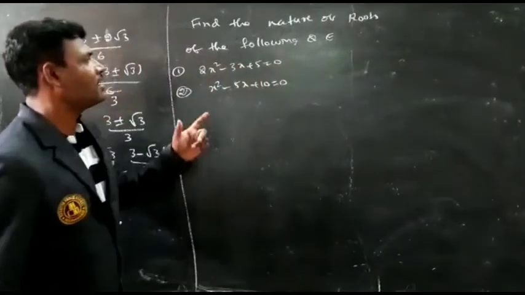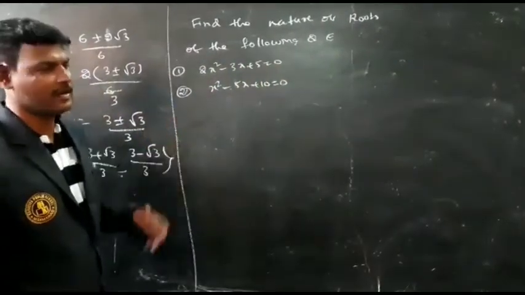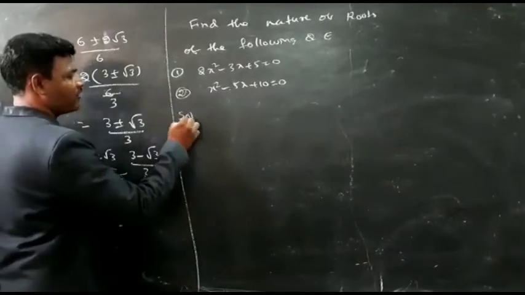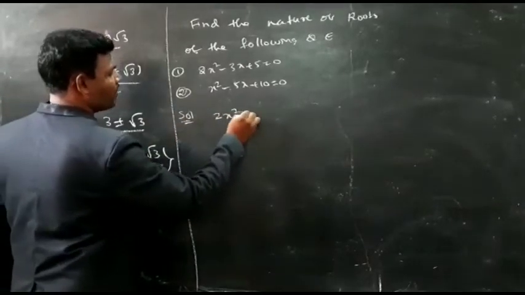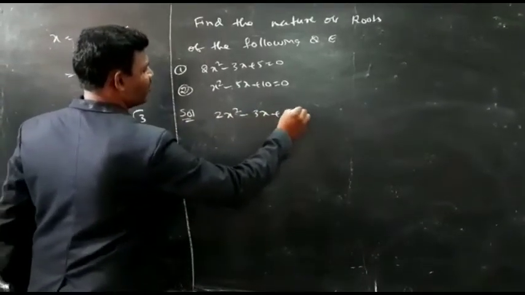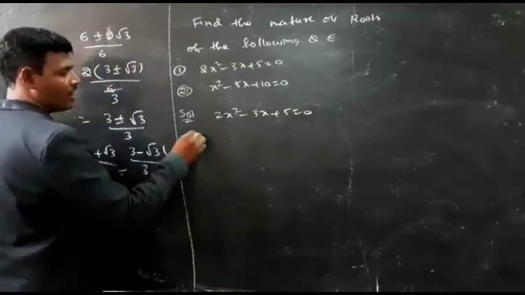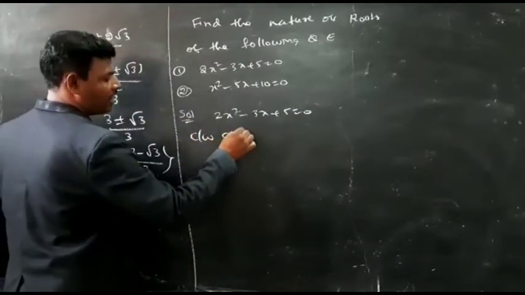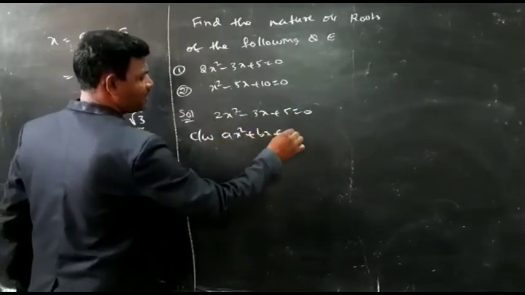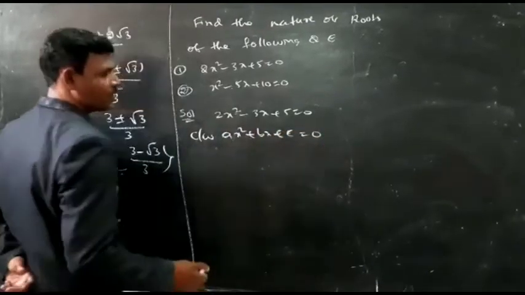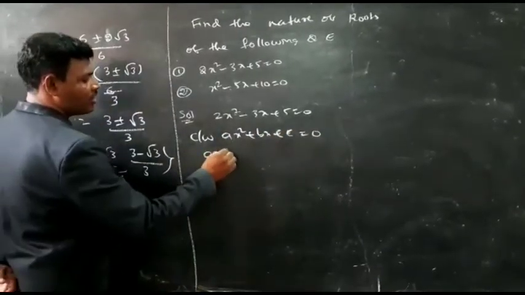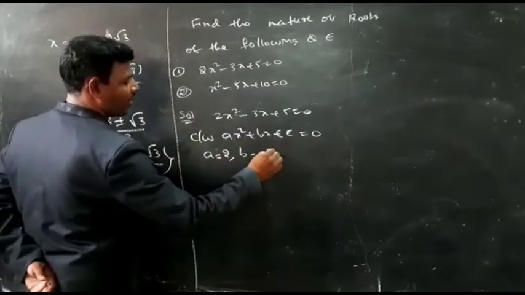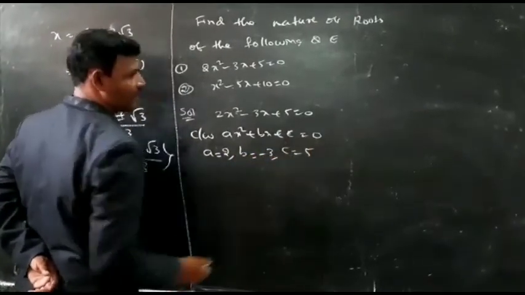Find the nature of roots of the following quadratic equations. Here, what is the first equation? 2x square minus 3x plus 5 is equal to 0. I am comparing with ax square plus bx plus c is equal to 0. a is equal to 2, b is equal to minus 3 and c is equal to 5.